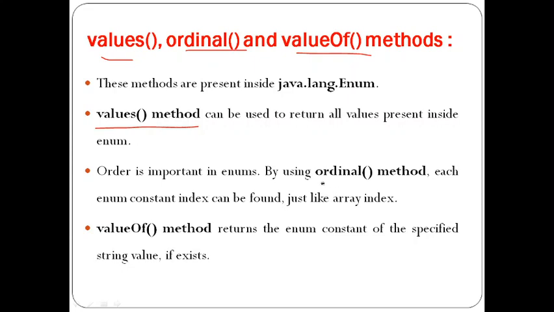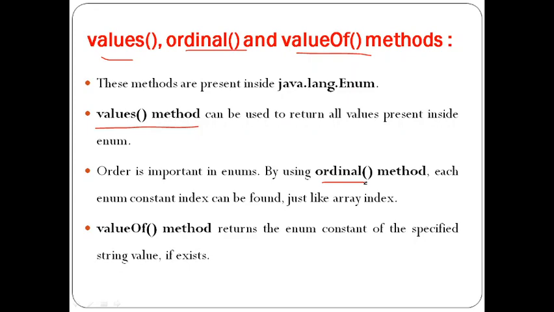And also there is another method called ordinal. The purpose of ordinal is, if you want to retrieve the index position of each and every named constant, then we can use the method ordinal. And finally valueOf. Inside a named constant, whatever string value is there, if you want to retrieve that particular string, we can use the method valueOf.